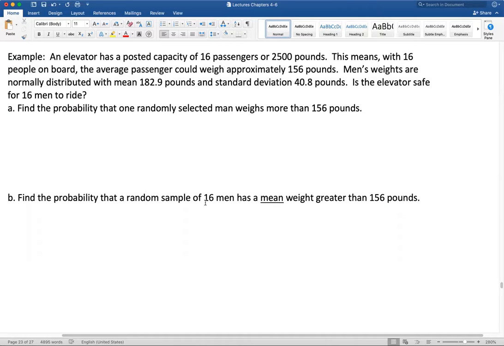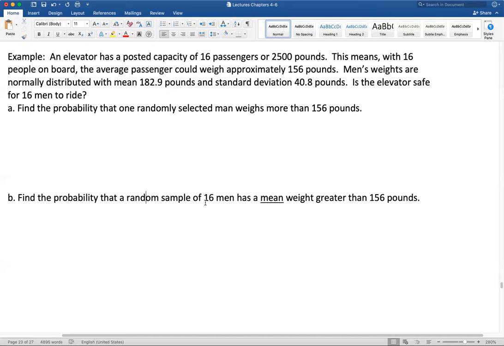So it's very likely that the 16 men's mean weight is greater than 156 pounds.